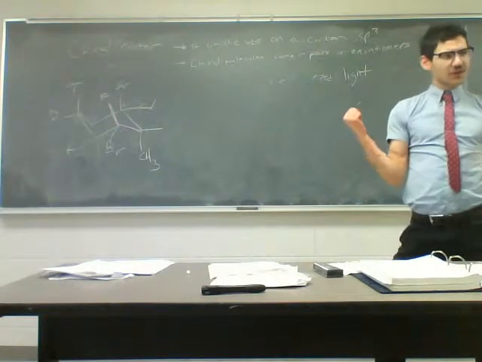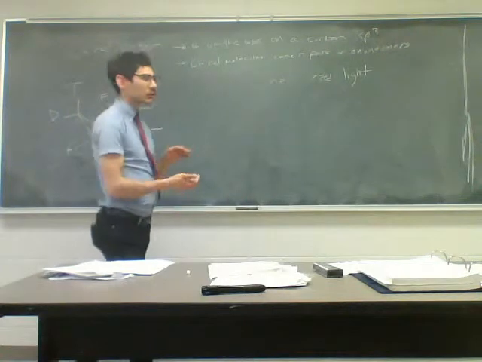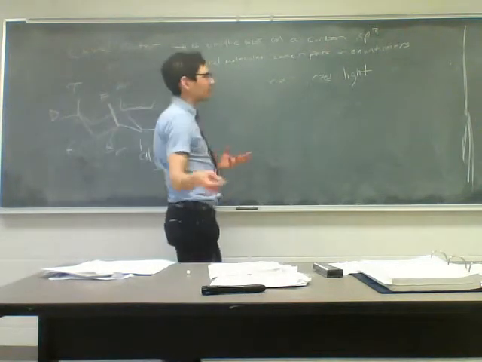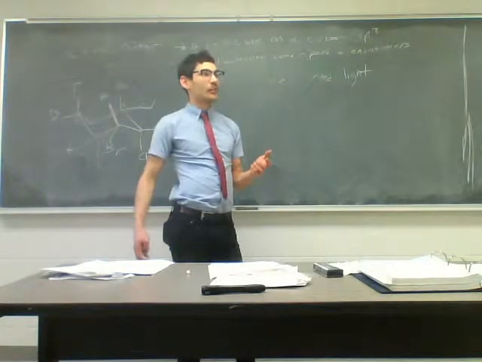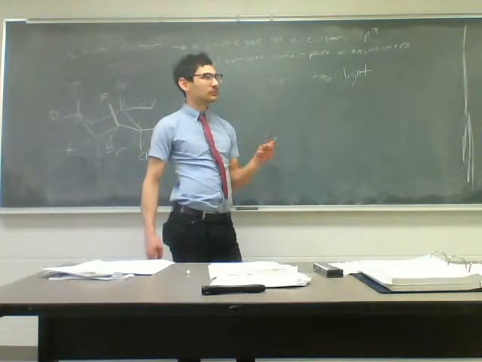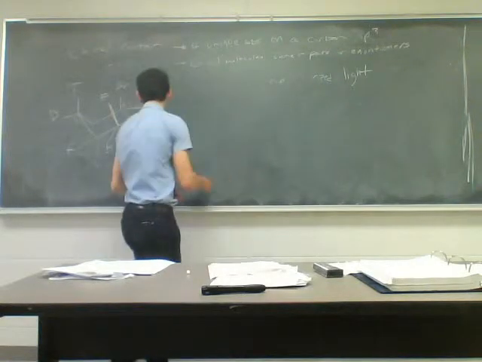Any other questions on Chapter 5 chirality stuff? Just remember also the rule, if you want to figure out how many chiral centers there are, or how many possible stereoisomers there are.